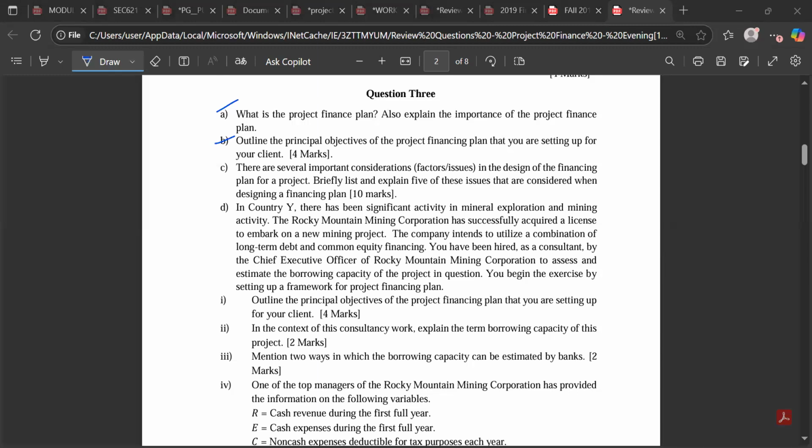Anyone? Of course, the first one is the capital, where the capital will come from. Exactly. And also maybe who's going to bear the risk if the project doesn't succeed. Exactly. Madam Gladys, what about you?